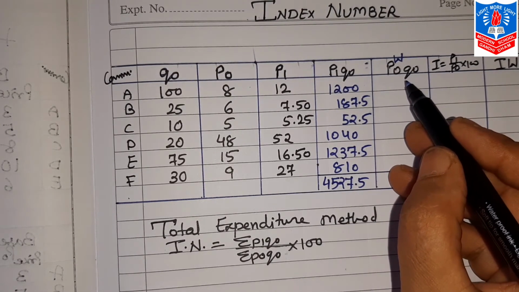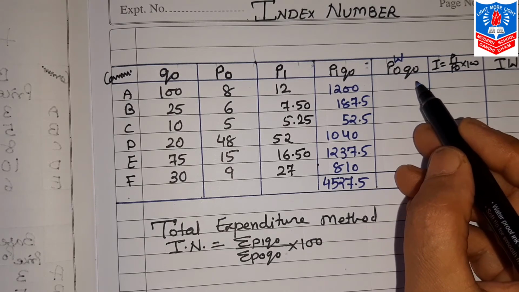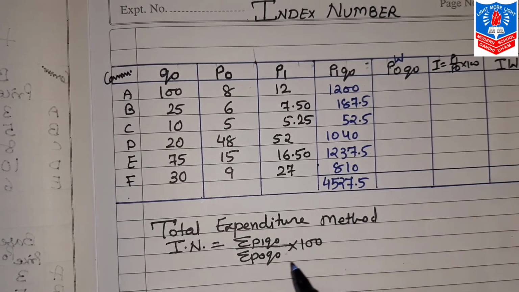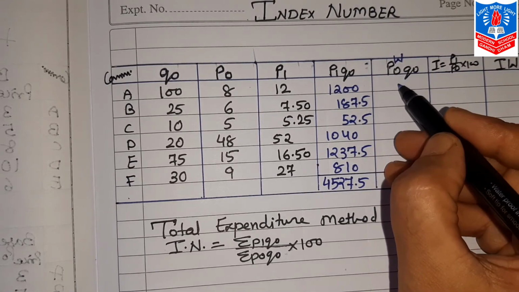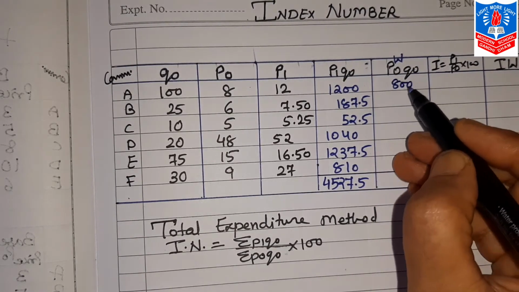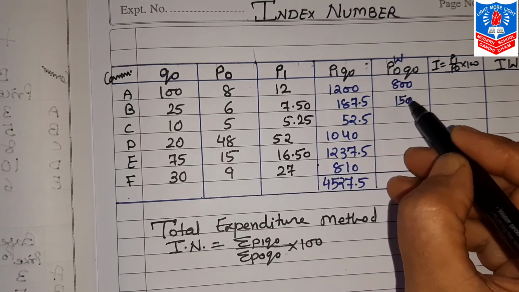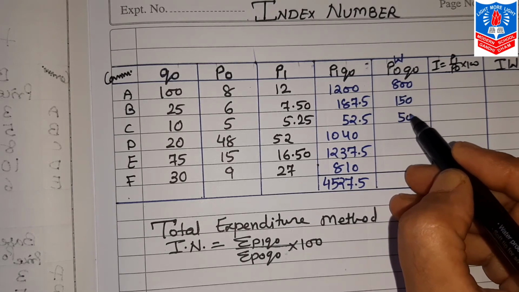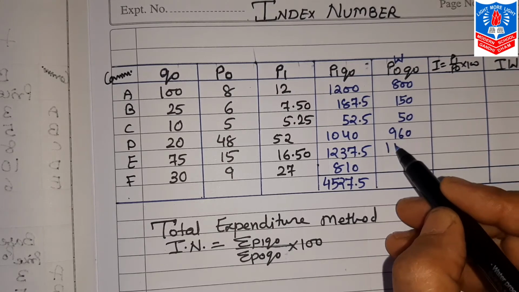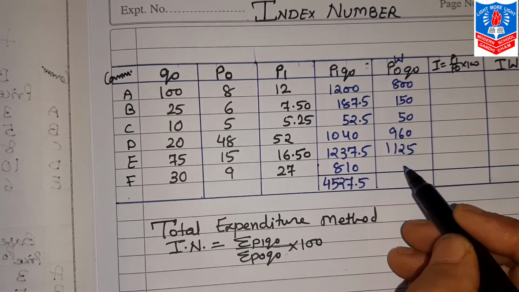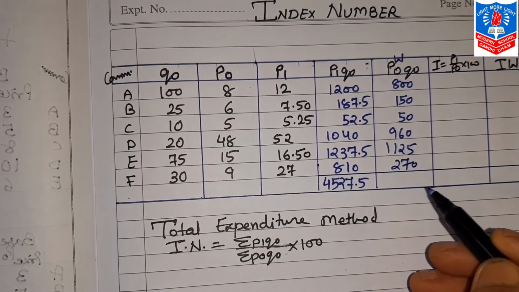Now this W or P0 Q0, of course in total expenditure method this is sigma P0 Q0. So that will be 800, 150, only 50, 960, 1125 and 270.